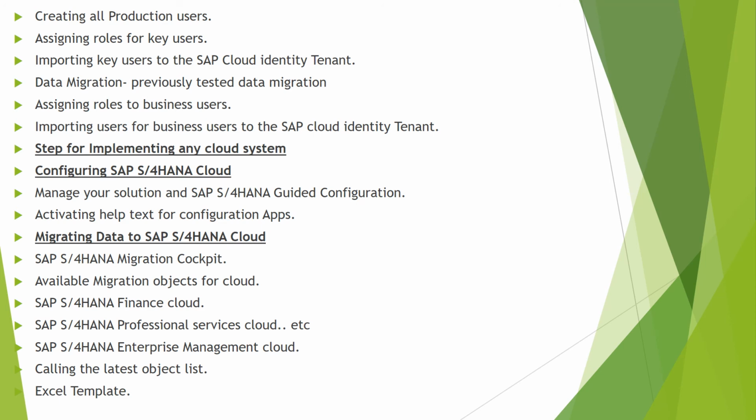SAP will then prepare the production system. Once SAP prepares the production system, the configuration and key user configuration from the quality assurance system is used. Quality assurance systems log.